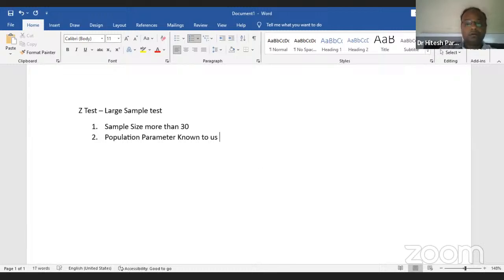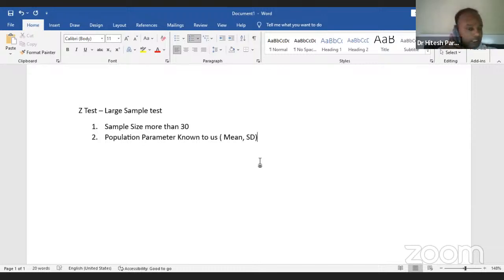Now the second one we need to discuss a little bit. Population parameter means the population mean and population standard deviation. They are known to you. This is condition number two. If both conditions are satisfied, then we can apply the z-test. Okay.